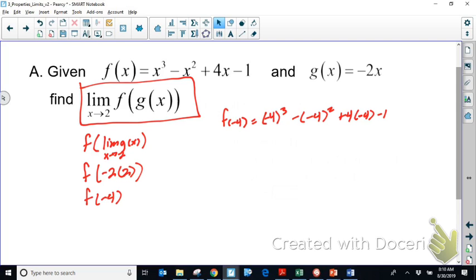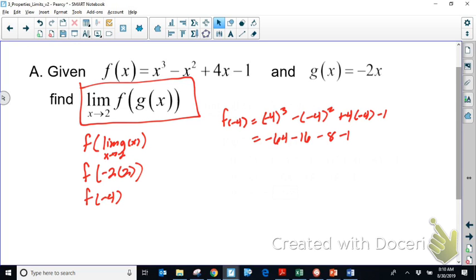So the negative 4 cubed will give you a negative 64, and then negative 4 squared will be a positive 16, but we have a negative in front of it, so that'll be a negative 16 here. And then I have a minus 8 and a minus 1.